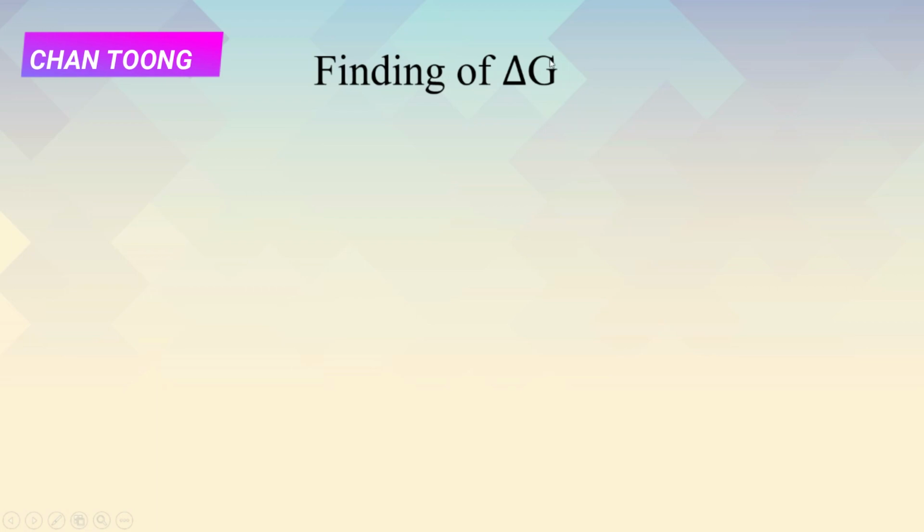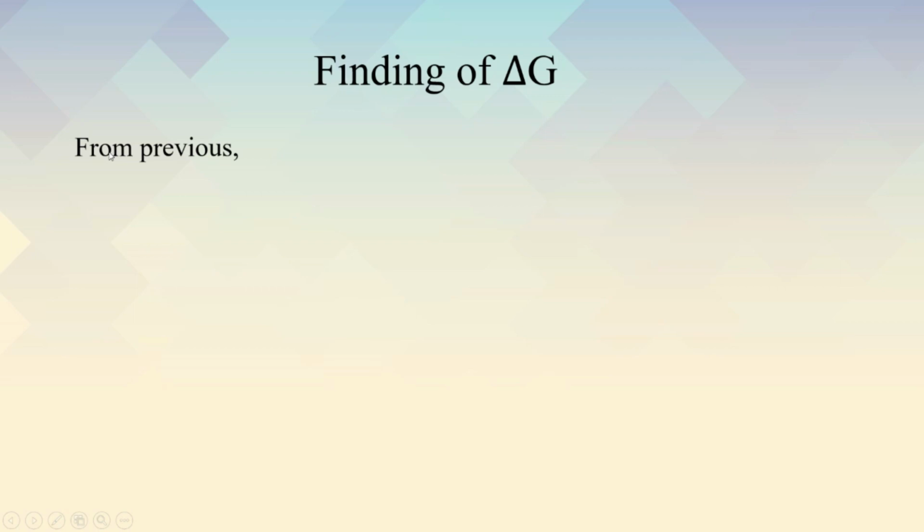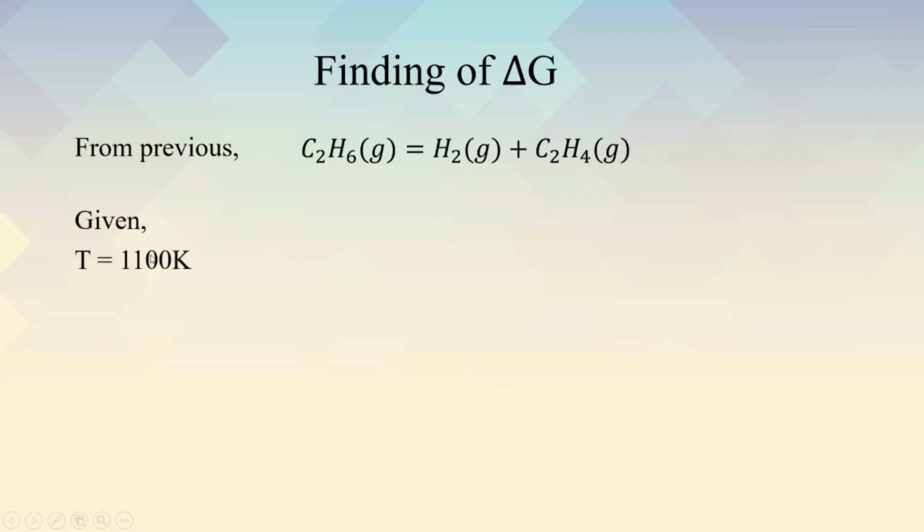Okay, finding of del G. Today I'm going to present finding of del G. So before getting into the calculation for del G, let's summarize the data and information we have right now. From previous, we have this chemical equation for the reaction, and we know that the reaction takes place at 1100 Kelvin with the pressure of 1 bar.